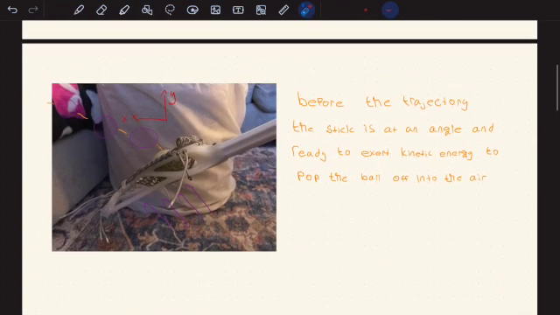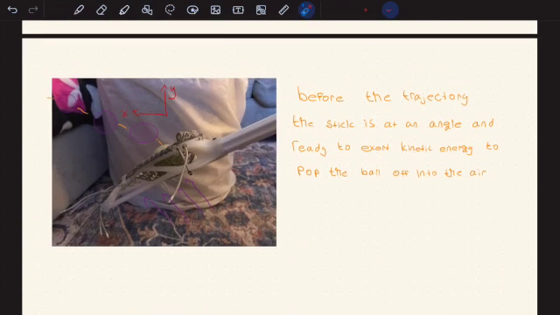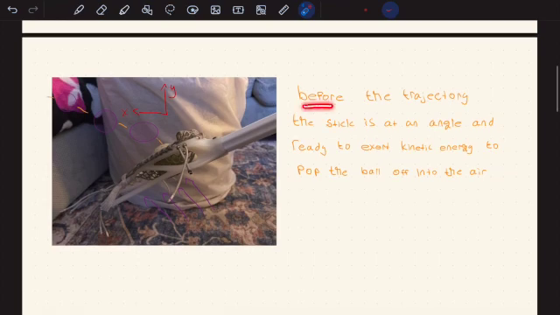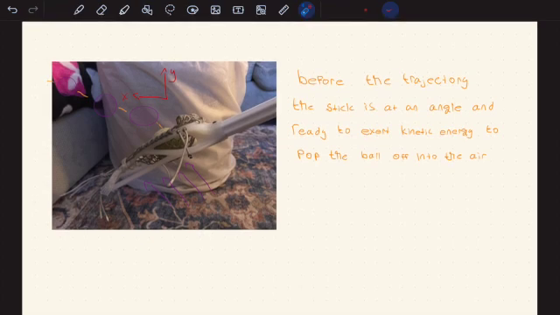Going on, this is a diagram I drew before the trajectory. Again, we have a coordinate system, and we're going in this direction of x. What you see here is before the trajectory, the stick is at an angle and is ready to exert kinetic energy to pop the ball off into the air.